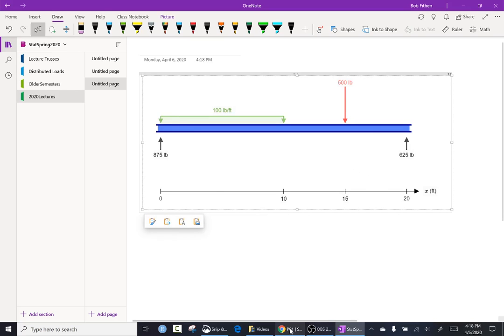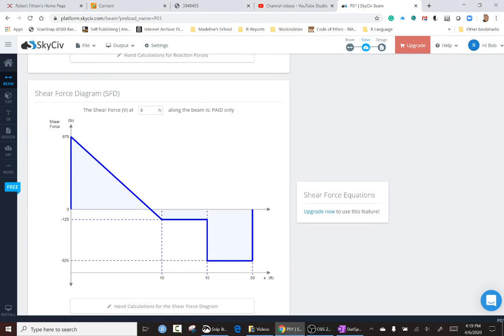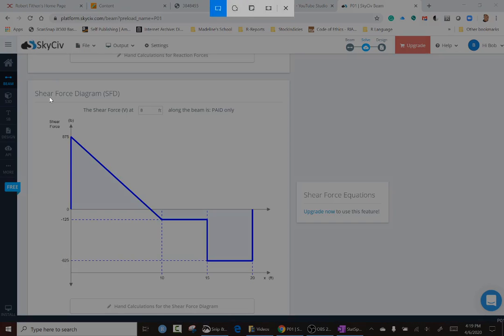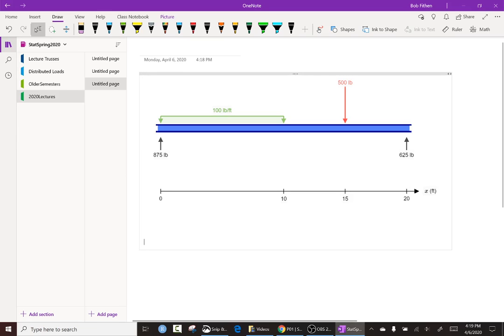Then we go back over and down. Look at the shear diagram of the same one. Drop it down underneath it.